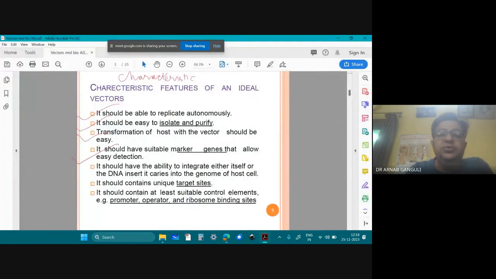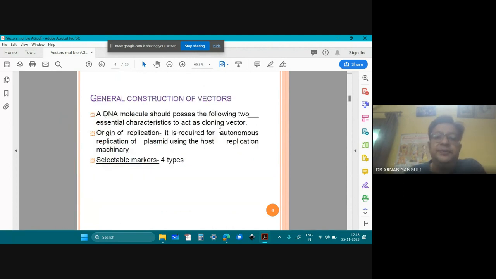It should have a suitable marker gene that allows easy detection. It should have the ability to integrate itself or the DNA insert it carries into the genome of the cell. It should contain unique target sites. It should contain at least suitable control elements, for example, promoter, operator, and ribosomal binding sites. So these are the characteristics which I had already gone through. I'm just revising them once more.